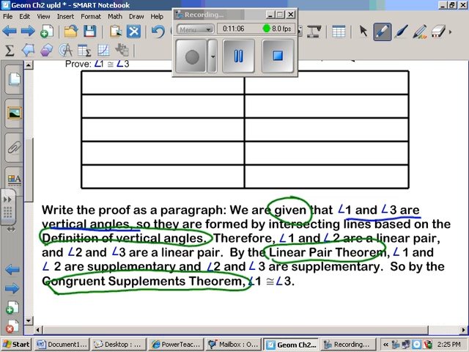One and two are a linear pair. Good. 1 and 2 are a linear pair. And 3 and 4 are a linear pair too, right? That's probably all one. Okay? Another one. Right. And 2 and 3 are supplementary, right?